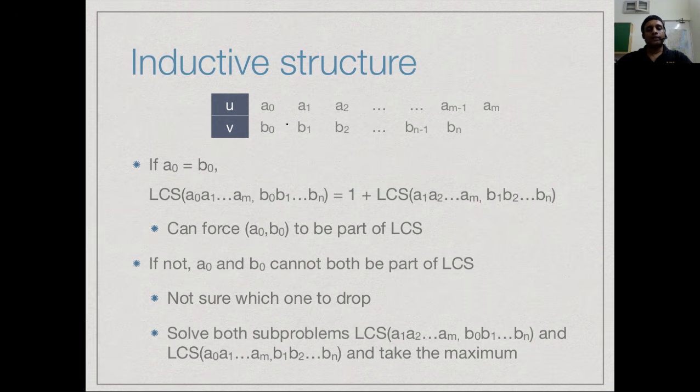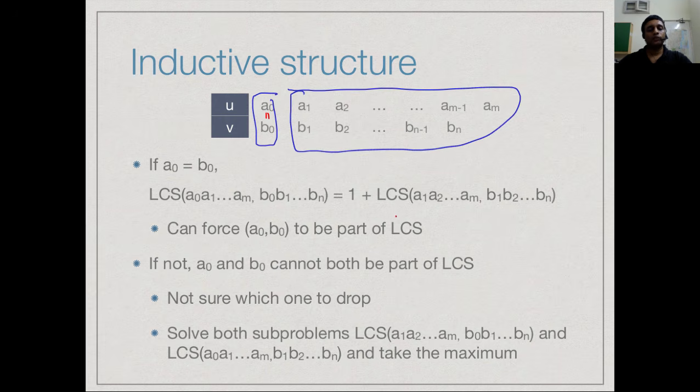So let's try to understand the inductive structure of this longest common subsequence problem directly, not through the longest common subword. The first thing to note is that if I'm looking for the longest common subsequence between the two words, and I find that A0 is in fact equal to B0, then I claim that I should combine them in the solution and then look for a solution in the rest.